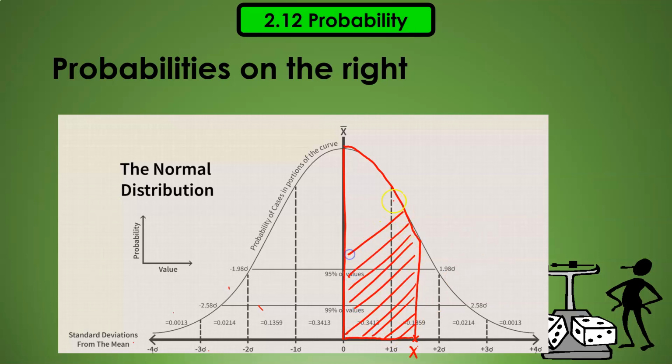It could be the weight of an elephant. It could be the time it takes a student to get to school. Anything that's normally distributed. So in this situation, we're trying to work out the probability. If I know a time, what is the probability between that time and the mean, what is the size of that shaded area?